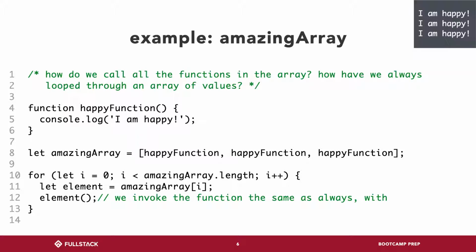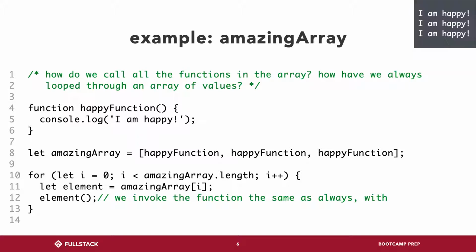Any questions on how this is working? Can you just walk through it? Sure. You're defining a function, happyFunction. That function console logs I am happy. That's the most simple function you could ever write. Then you're defining amazingArray. Amazing array is an array, and you could define arrays like this, pre-putting in values, right? You're putting in happyFunction 3 times, so there's 3 spaces.